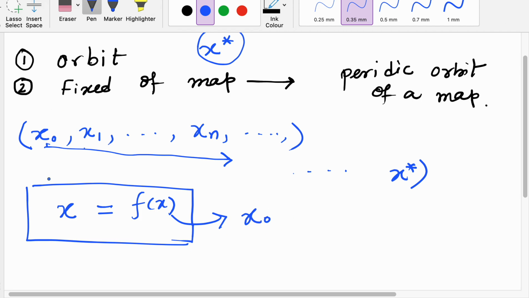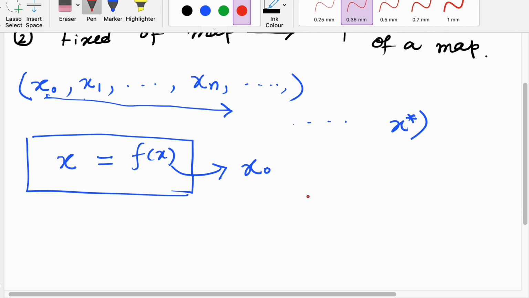Now we have seen that sometimes this equation becomes very tedious to solve. Then we saw how to solve it by applying a graphical method, using the y equal to x line and the y equal to f(x) curve, to calculate its fixed point. Let me remind you.